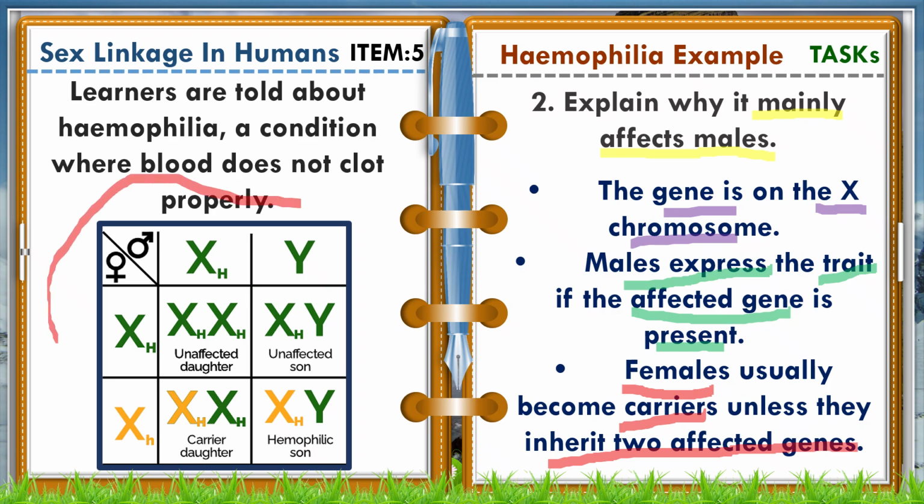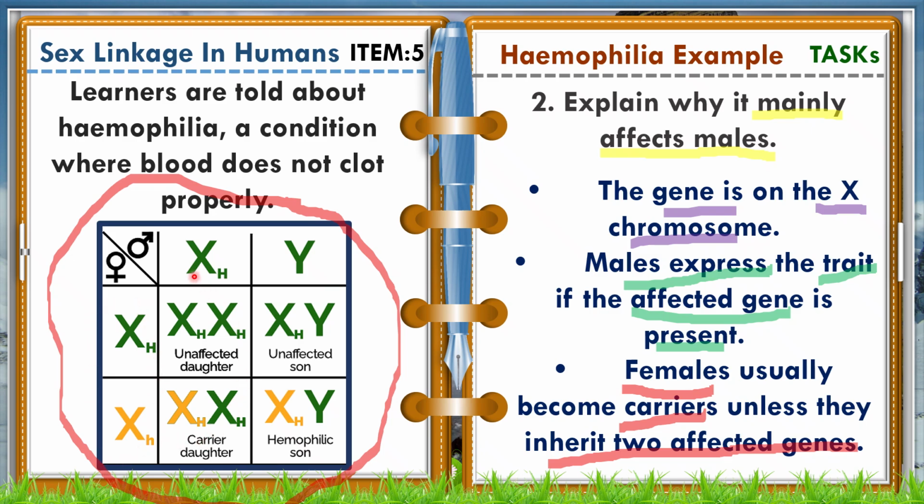Let's now look at our Punnett square here. We have this symbol here, which represents the male parent, and these are the chromosomes of the male parent. And this symbol here represents the female parent, and these are the sex chromosomes.